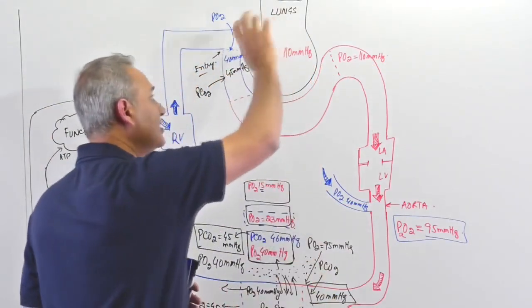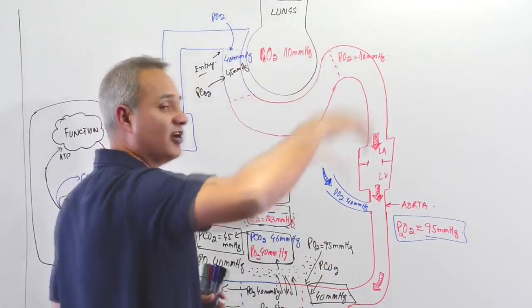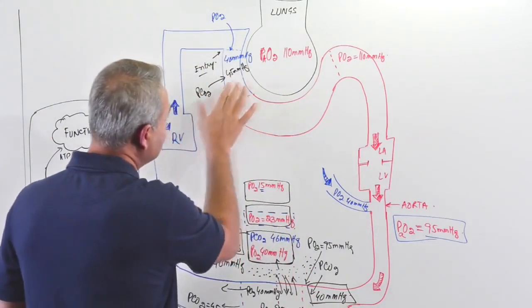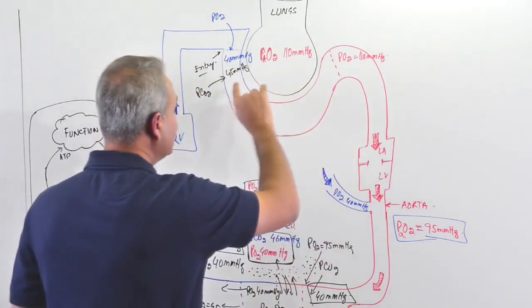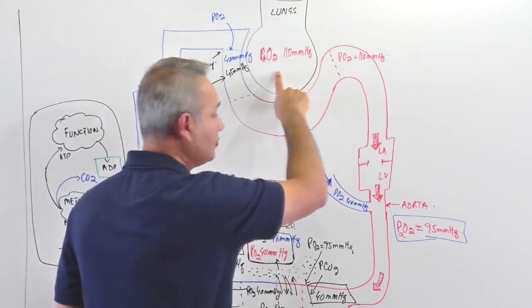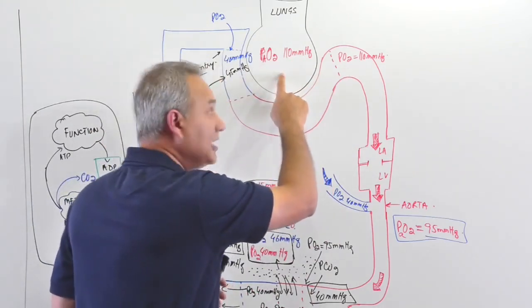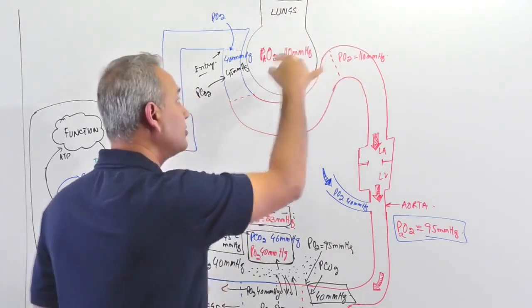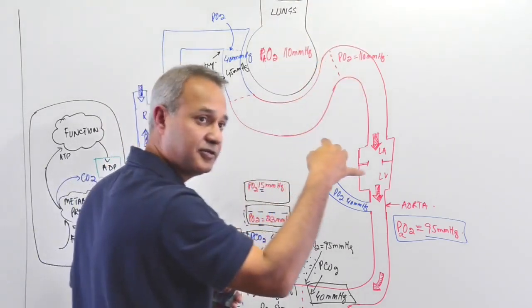However, it is not that alveoli are continuously refreshed by atmospheric pressure. If it was 0, then the carbon dioxide would move from the blood to the alveolus. But that carbon dioxide is not washed out with every breath. So some carbon dioxide sticks in there.